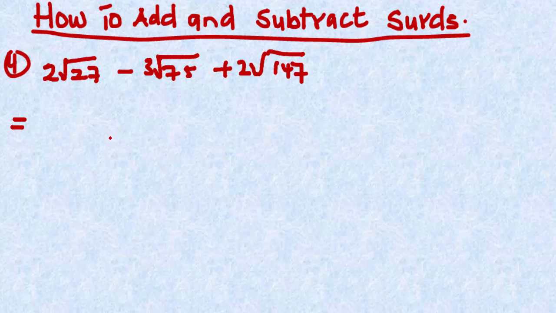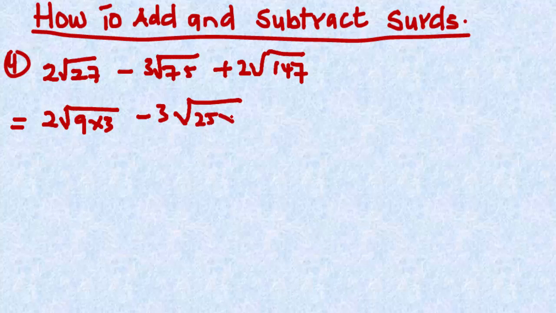Now we need to reduce the surds to their basic form. So remember, there's a number multiplying the surd. So this will be 2 root of 27, and 27 will give us 9 multiplied by 3. Then this will give us minus 3 root 75, which is 25 times 3, then plus 2 root 147, which is 49 times 3.